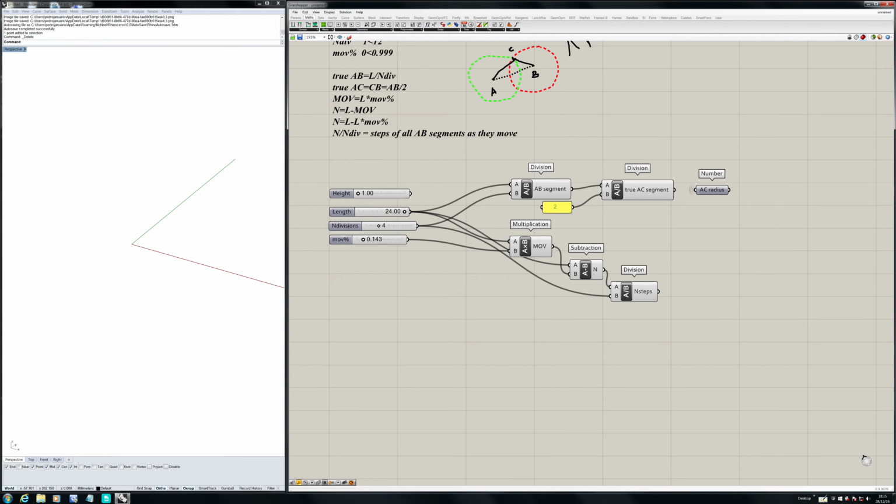So I'm going to vector, and I'm going to create my points. I need points A, and I'm going to need points B.